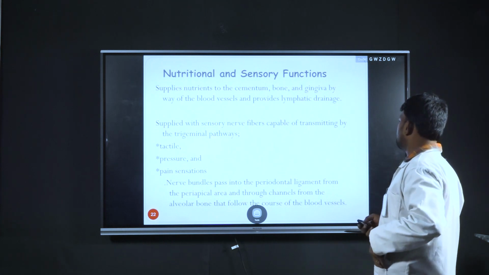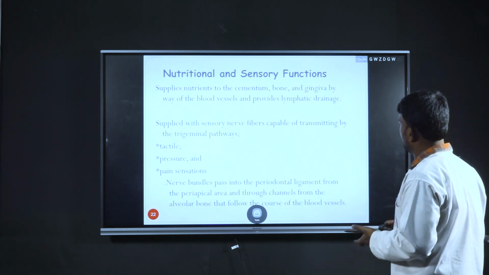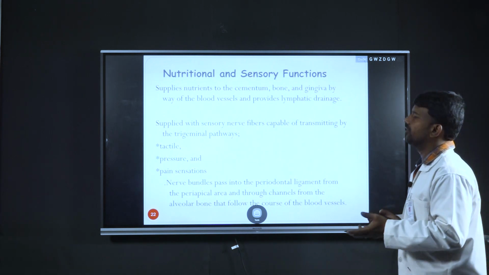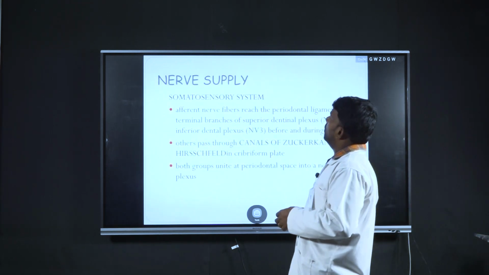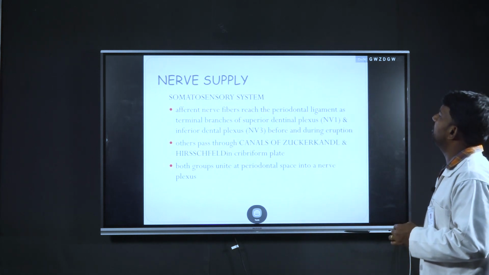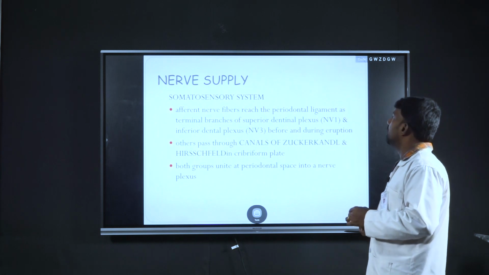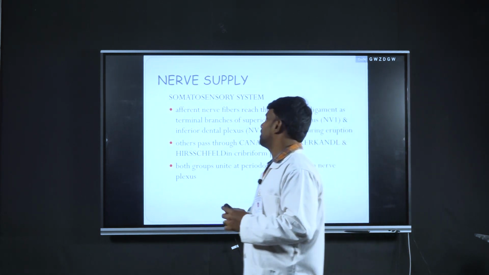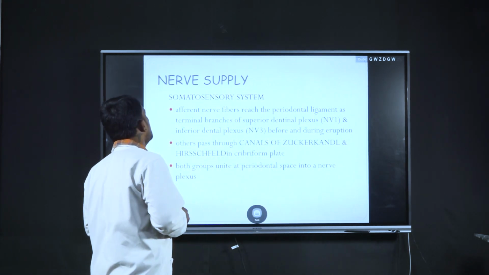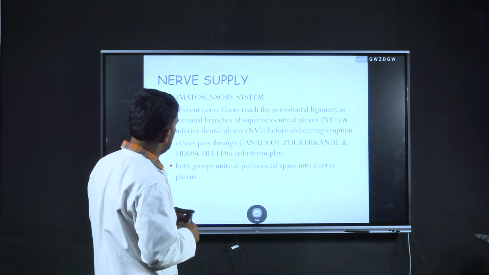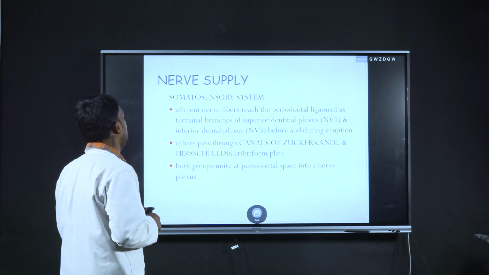So nerve bundles pass into the periodontal ligament from the periapical area and through channels from the alveolar bone and follow the course of blood vessels. The nerve supply is explained by the somatosensory system, where afferent nerve fibers reach the periodontal ligament, and these are NV1 and NV3, which are plexus from terminal branches of the superior dental plexus and the inferior dental plexus before and during eruption.